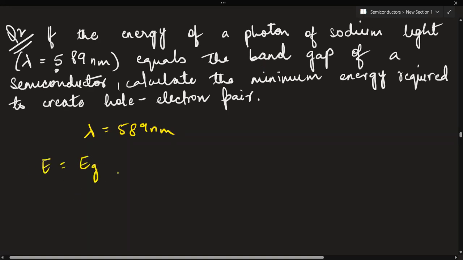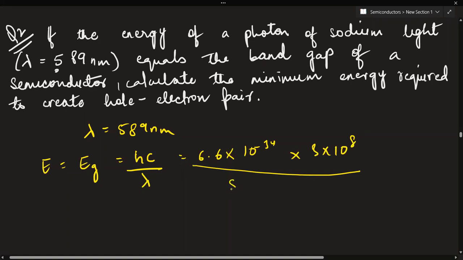Energy will be equal to the energy gap, which is equal to hc by lambda. So h is 6.6 into 10 to the power minus 34, this is your Planck's constant. C, speed of light, is 3 into 10 to the power 8 meter per second, divided by the wavelength 589 into 10 to the power minus 9 meters.